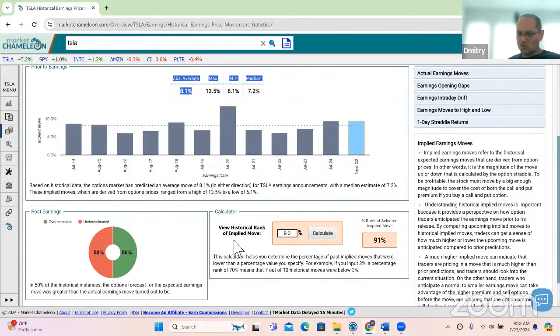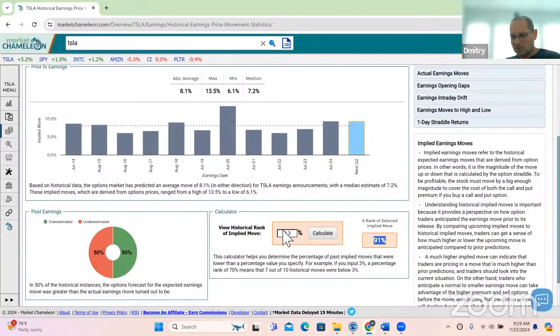Given the historical data, this is saying that 91% of this data that we have filtered out, the straddle closed below 9.3%. So using the observations, you could see that most of the data shows that it closed below 9.3%.